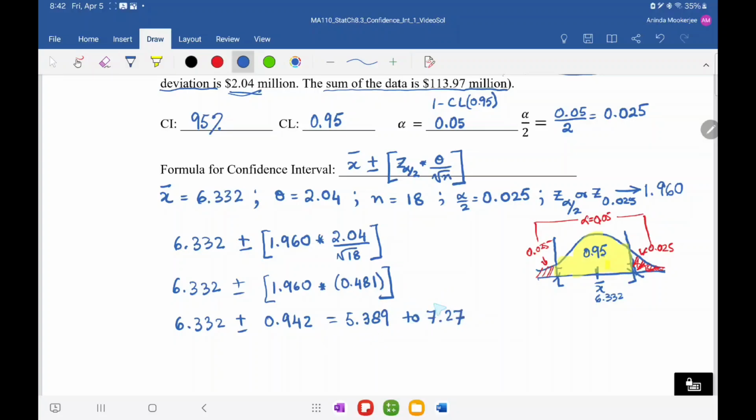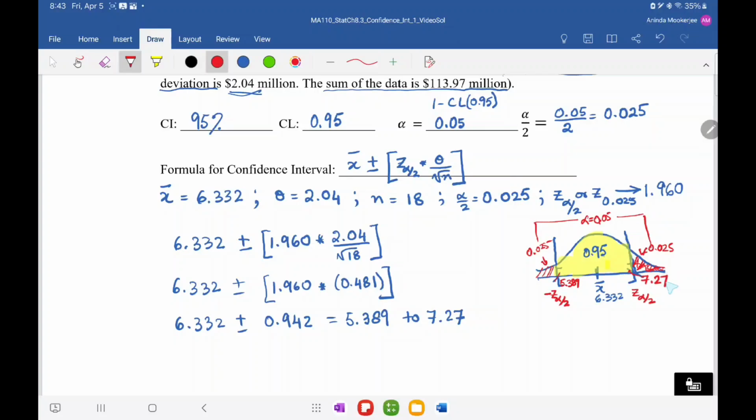So here we are. We have negative z of alpha by 2 and positive z of alpha by 2 initially, which was negative 1.96 and positive 1.96, and using this formula we just found the actual values of these endpoints, which was 5.389 and 7.27 at the upper end.